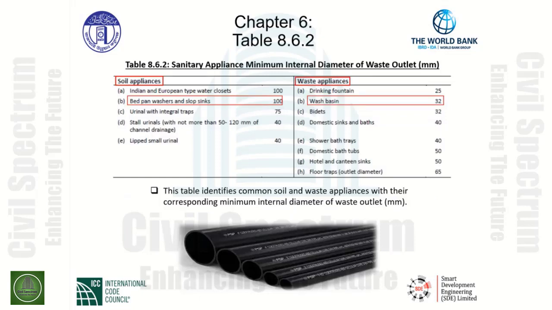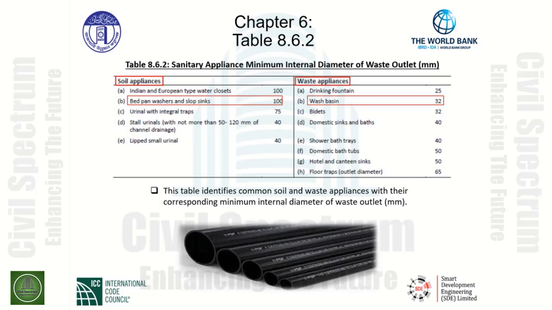Referencing Table 8.6.2 titled Sanitary Appliance Minimum Internal Diameter of Waste Outlet in millimeters, we can see that there are two parts of this table. The left-hand side gives us soil appliances, while the right-hand side gives us waste appliances. If we look at item B, soil appliances, bedpan washers, and slop sinks, our minimum internal diameter of waste outlet is 100 millimeters.